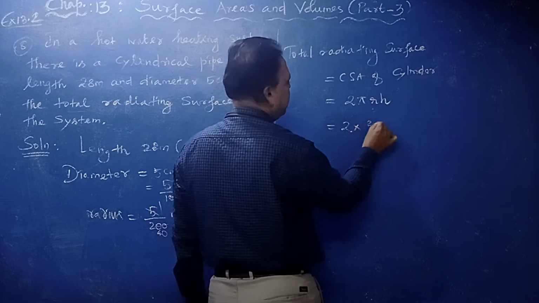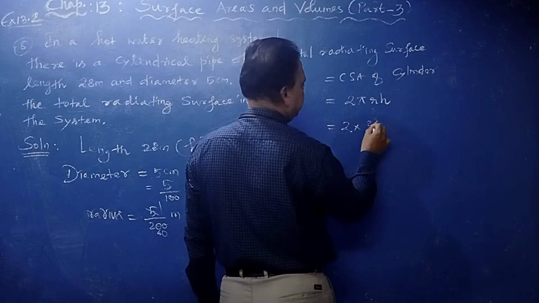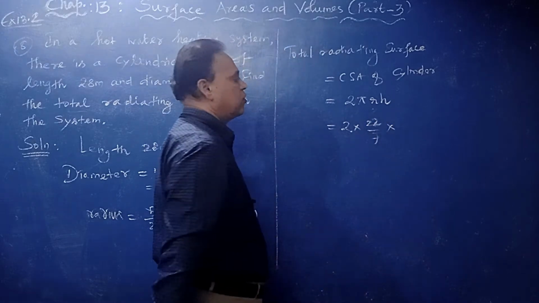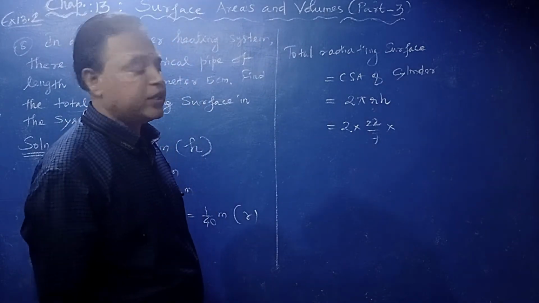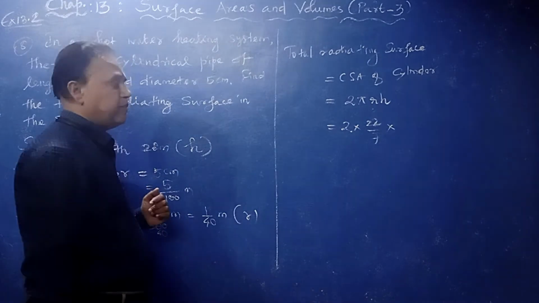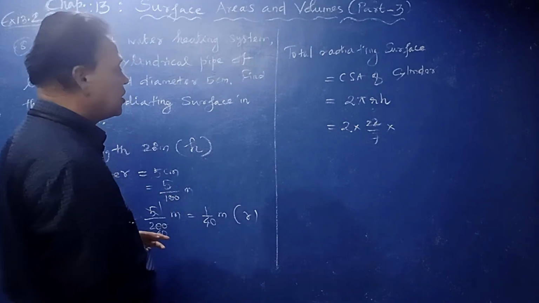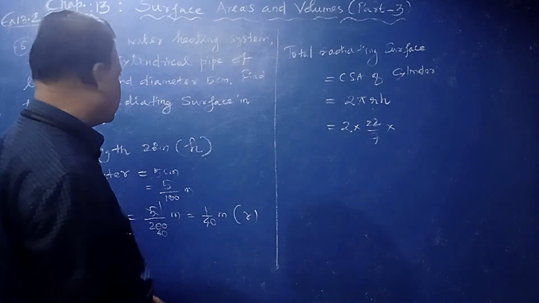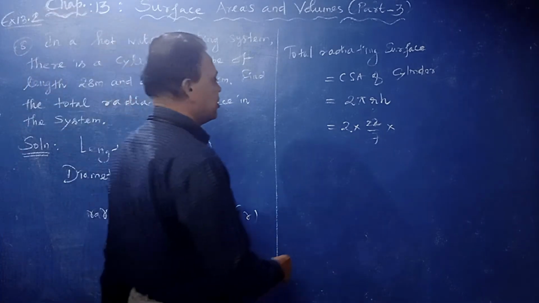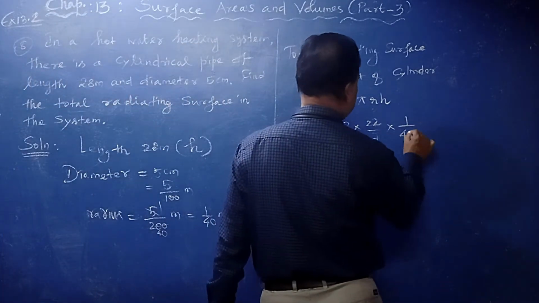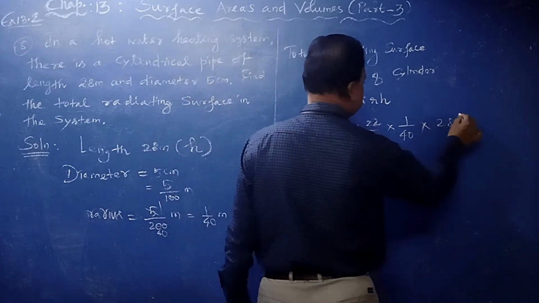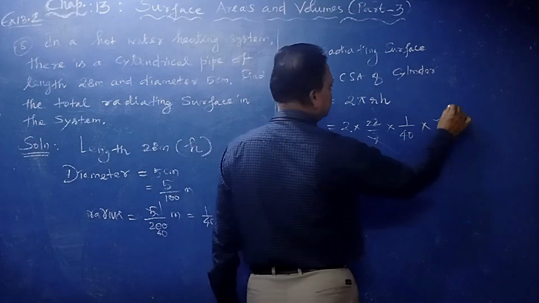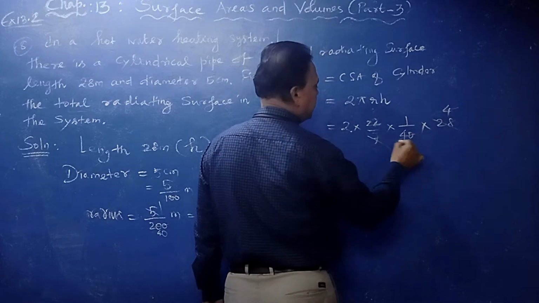Now 2 into pi, whose value is 22 by 7. If pi value is not given, you have to take only 22 by 7. If it is given, it may be 3.14, so in the problem they may mention it. So now 2 into 22 by 7 into R, which is 1 by 40, into H, which is 28. So you can easily cancel: this will be 4 times, then 4 means 10.